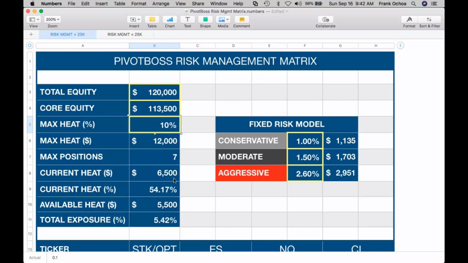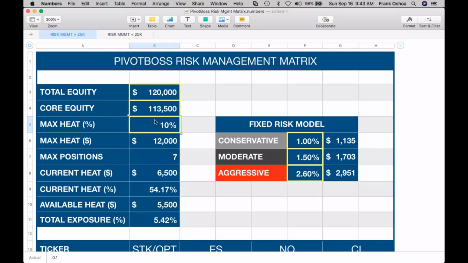And so far at this allocation, we're only 5.4% invested in the market. So again, it gives you a good understanding of where you are at all times in the account, and what your quick conservative, moderate, and aggressive trade allocations are.